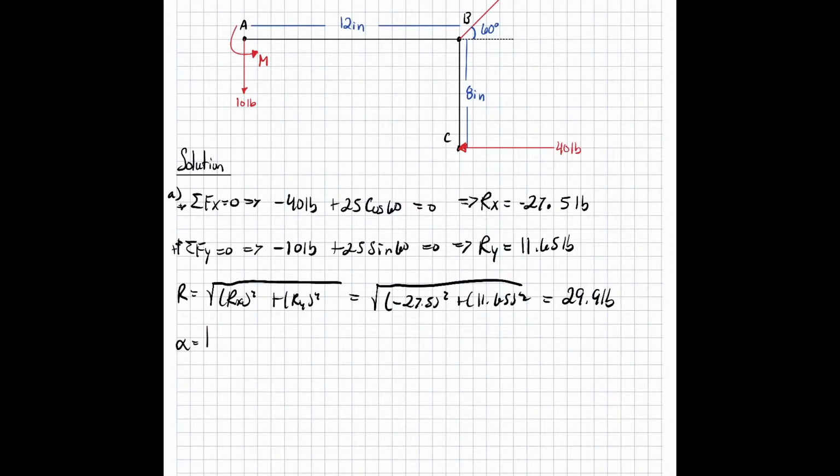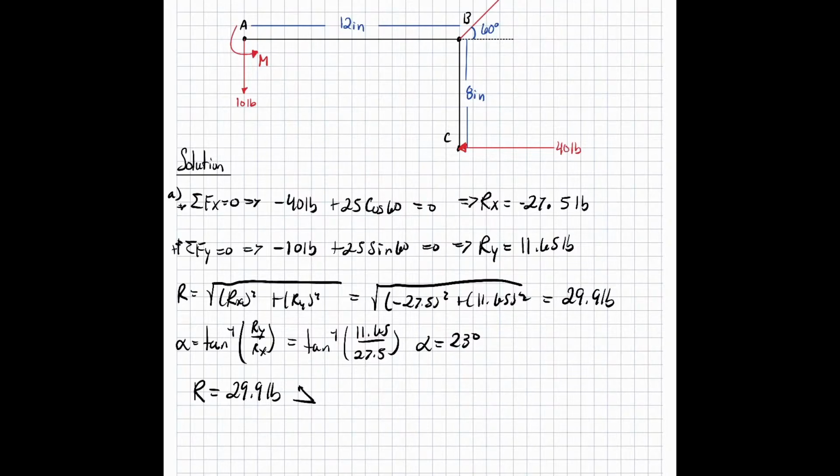I'm just going to say alpha is inverse tangent of Ry over Rx. We get an inverse tangent of 11.65 over 27.5. Alpha comes out to 23 degrees. So our resultant is 29.9 pounds at an angle of 23 degrees.